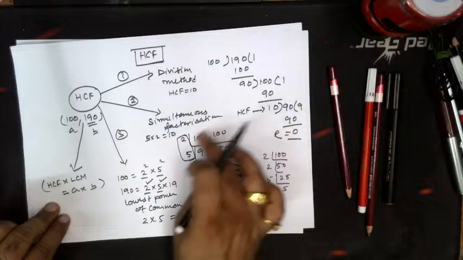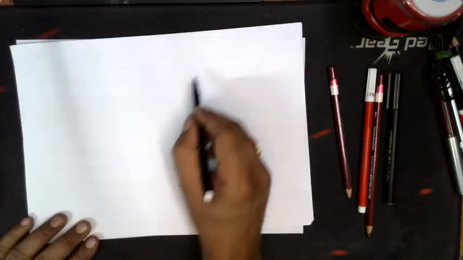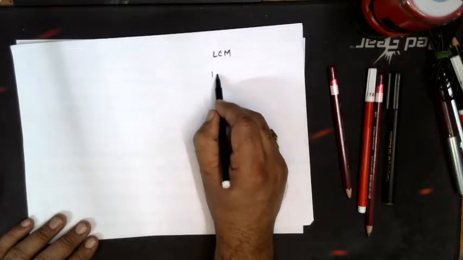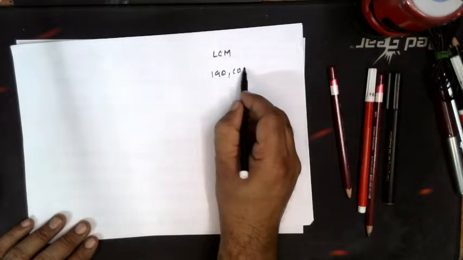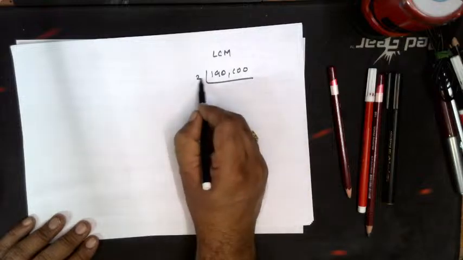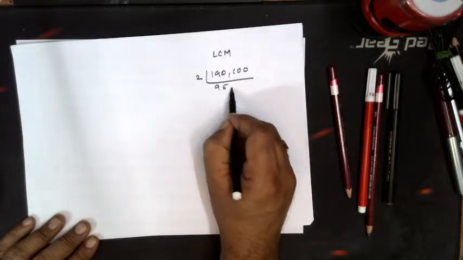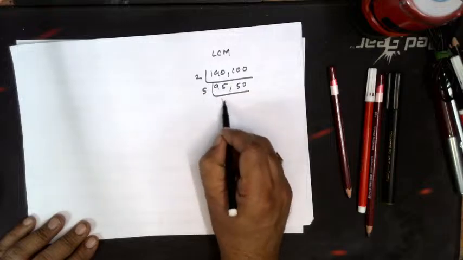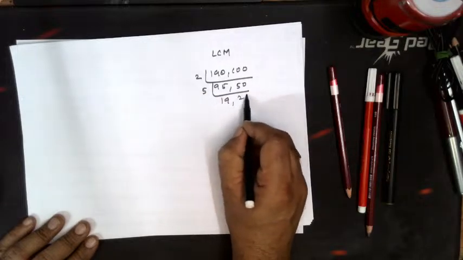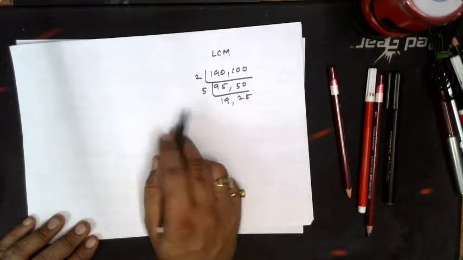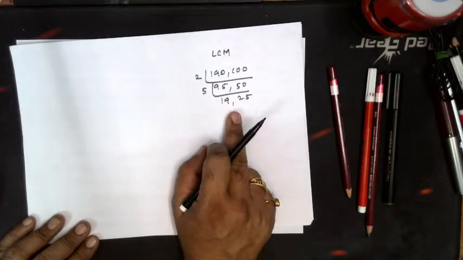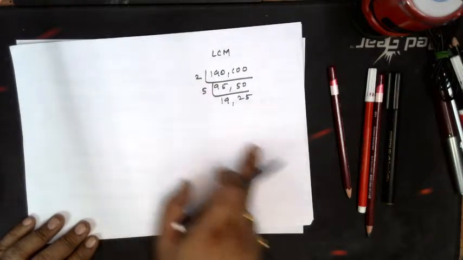Let us adopt this method, the common factorization technique. That is, find out the LCM of 190 and 100. So 2, 95, 50. Again 5, 19, 25. So in the case of HCF, you can stop with this because there is no common factor. But in case of LCM, you can further continue.